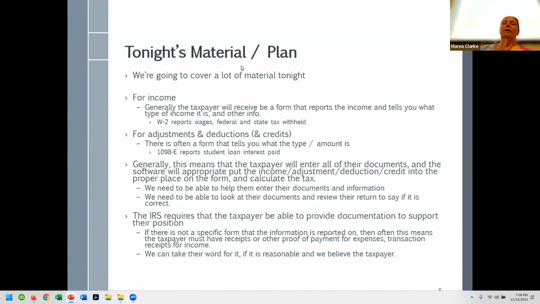The other part of it is that for our tax clinics, because we are primarily focused on students, scholars, teachers, researchers, we generally see relatively simple and straightforward returns. There are a couple of areas where we spend a lot of time, like scholarships and dependency, because we have students that are in those situations.